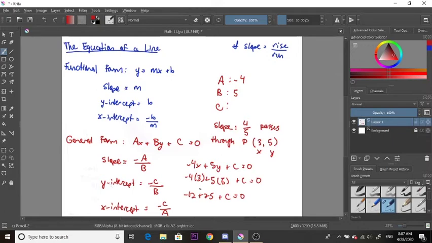So negative 12 plus 25 give you 13. And the last step is you need to bring this over to the other side, and that becomes negative 13. So I've calculated my c, and that is negative 13.